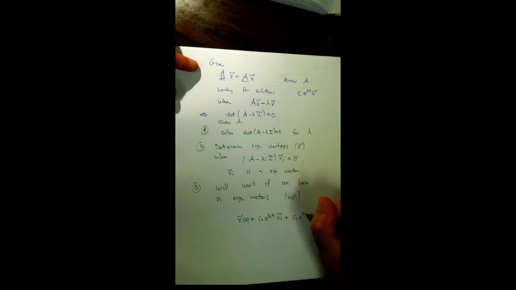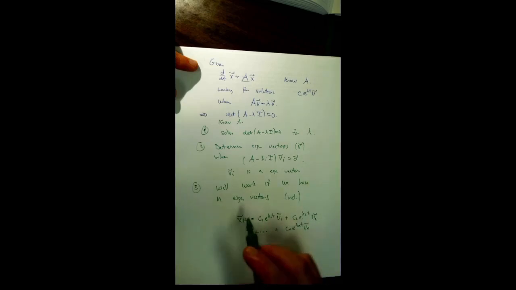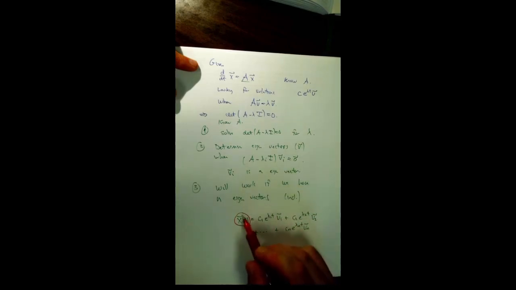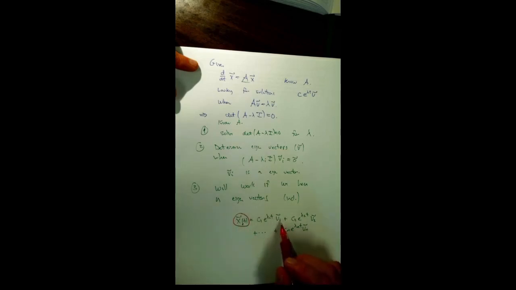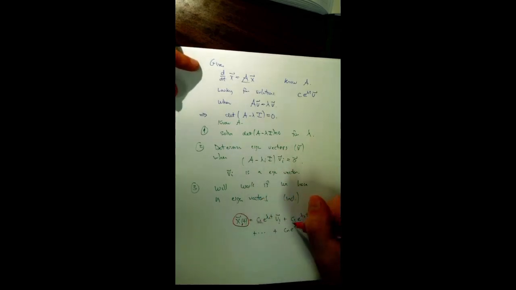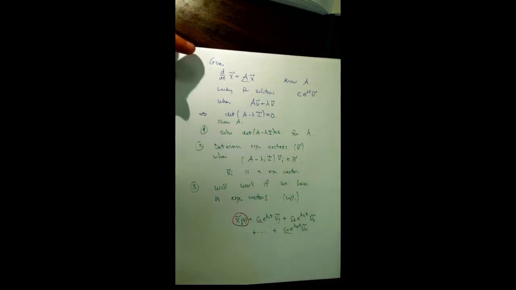So I'm going to write it as a sum of these eigenvectors, and the only way that I can be guaranteed a solution, since I've got n unknowns here, I would like there to be a solution no matter what my initial starting point is, which means I'm going to have n of these vectors to guarantee that I can solve the system of equations for C1, C2, all the way out.